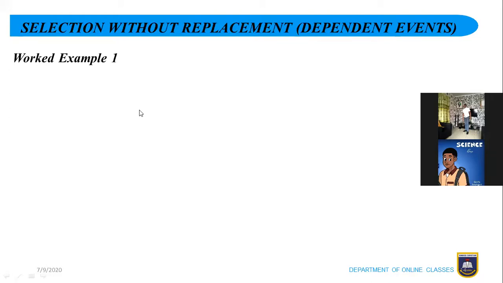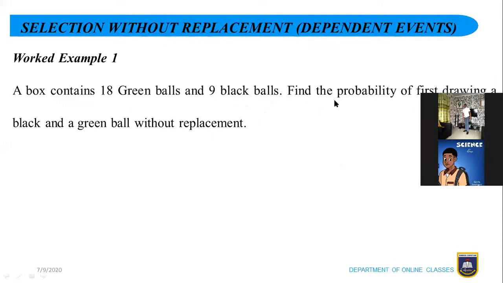Let's pick an example and see how it is applied. The first example is this. A box contains 18 green balls and 9 black balls. Find the probability of first drawing a black and a green ball without replacement.